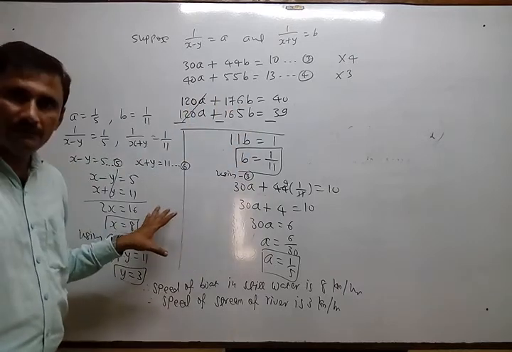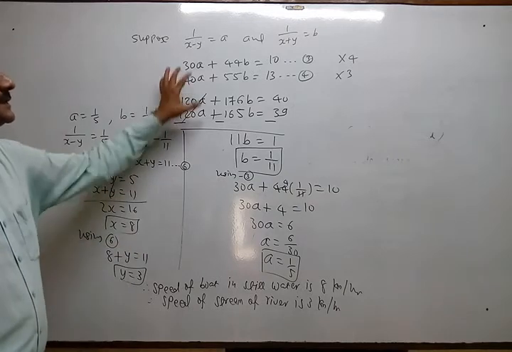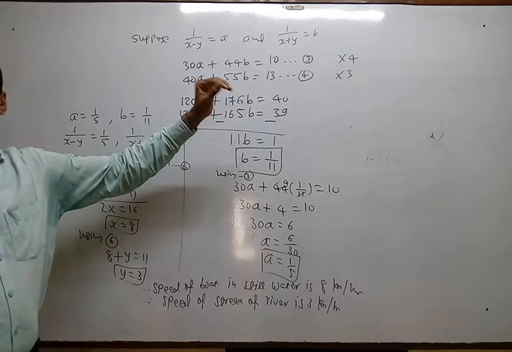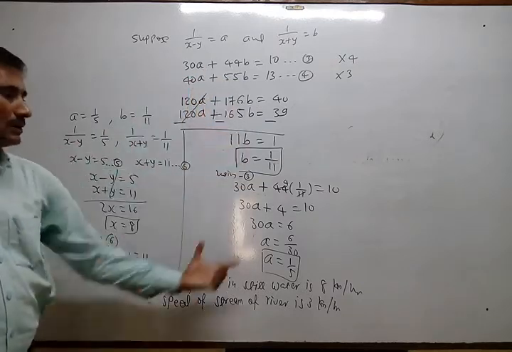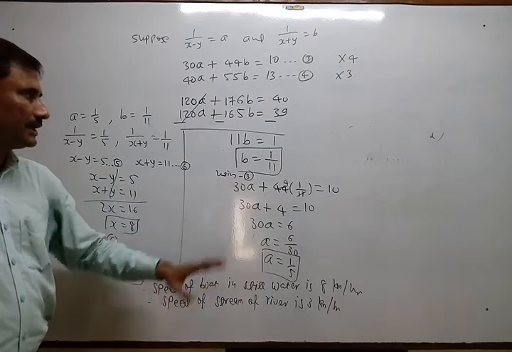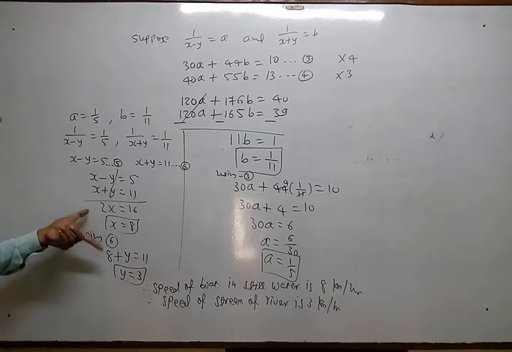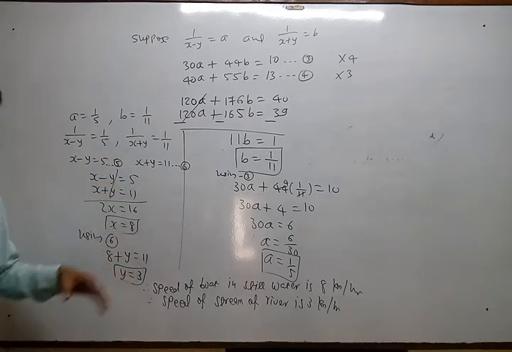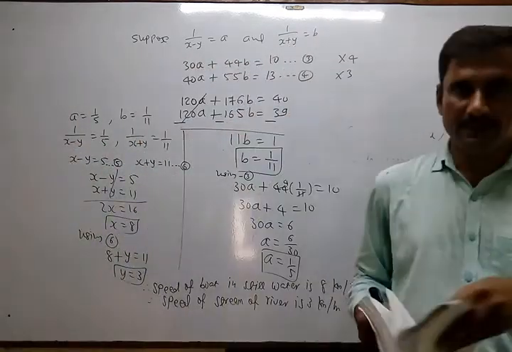After getting those equations, if they are not linear, just try to make them linear by supposing two new variables. Okay. And then solve. Whenever you get a and b, after getting a and b, you just get x and y by the elimination method again. Okay.